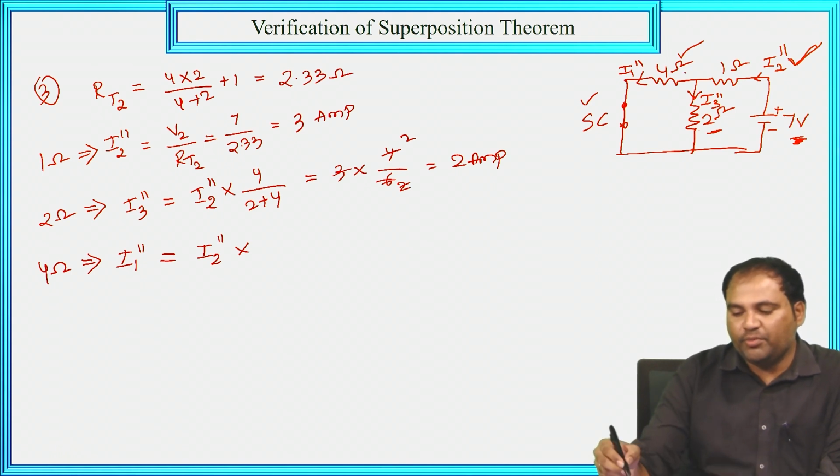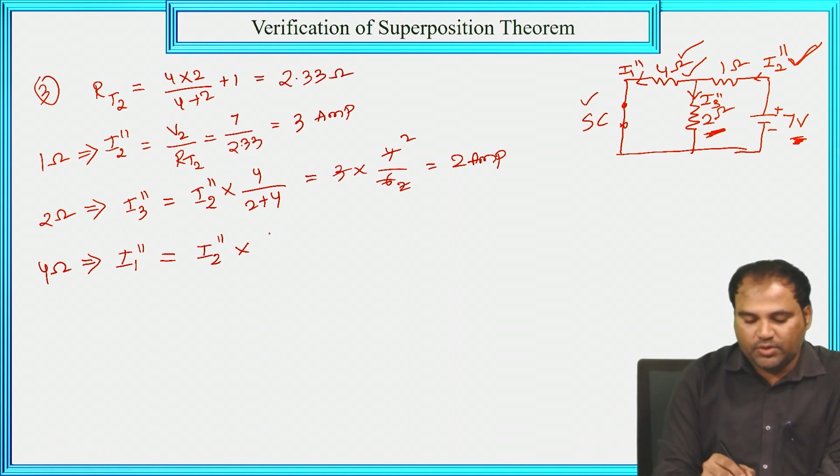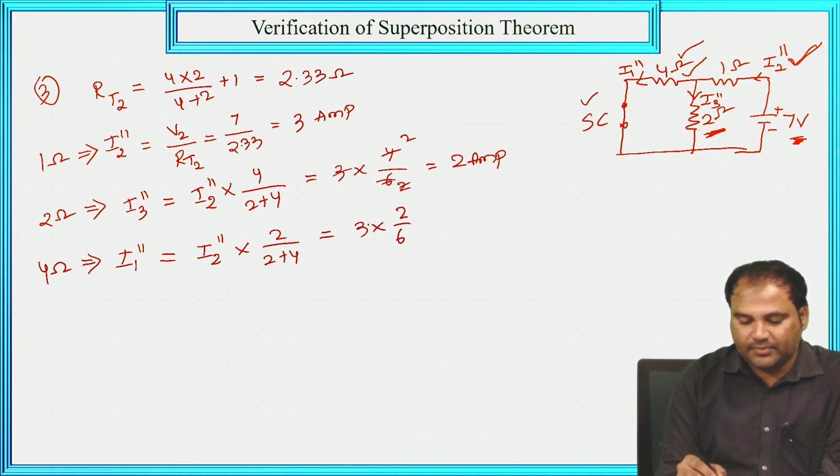For this 4 ohm resistor, the opposite element is 2 ohm. So 2 divided by 2 plus 4, that is equal to 3 into 2 by 6. The 3 2s, 2 gets cancelled, we get 1 ampere.